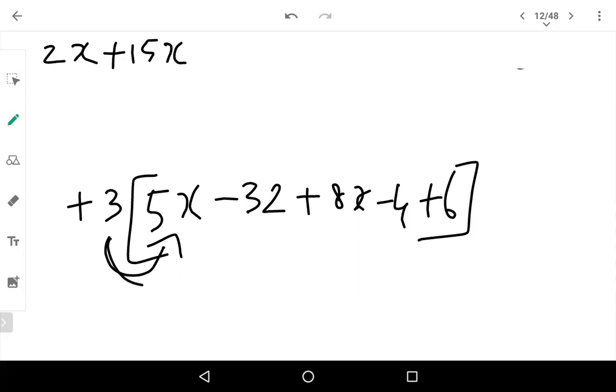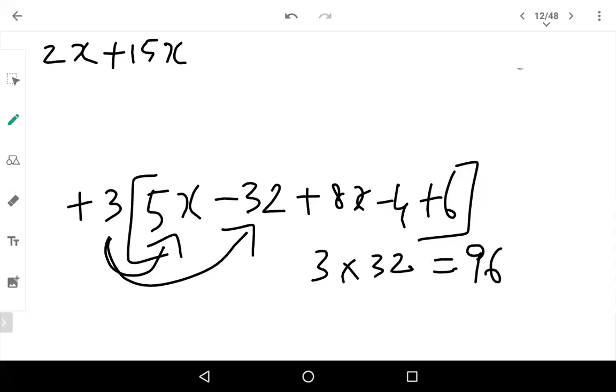Then 3 into minus 32. So 3 into 32 will give me 96. 3 3s are 9, 3 2s are 6. And it is plus into minus, which is minus. So we will have minus 96. Are you all able to follow? Plus into minus is minus, so minus 96. Next, 3 into 8x.